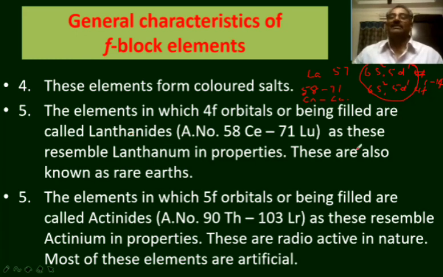Because of that, all the 14 elements from cerium to lutetium are grouped along with lanthanum. That is, along with lanthanum, 15 elements are kept in the same position in the long form of the periodic table, that is, in the 6th period and 3rd group. Actually, these 15 elements belong to the 3rd group.